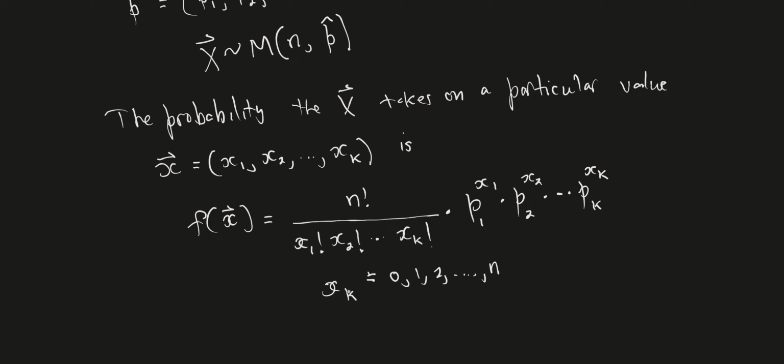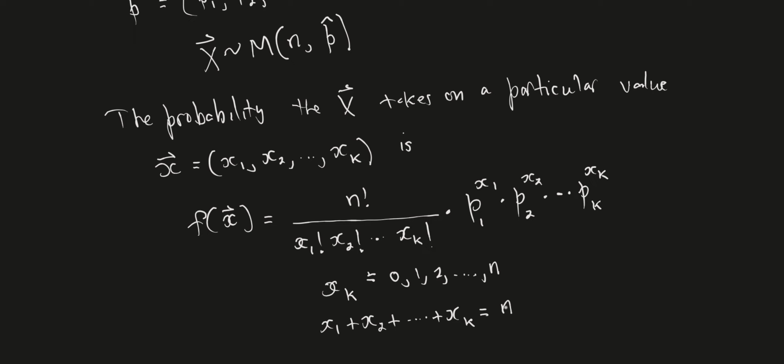But not only that, because they're mutually exclusive and exhaustive, if you take each of the possible x values and sum them up, you have to get the total number of trials that you've conducted. So the other requirement is that x1 plus x2 plus dot dot dot plus x sub k, all the number of event 1 that we've observed and event 2 and event k, have to total up the number of trials that we performed.